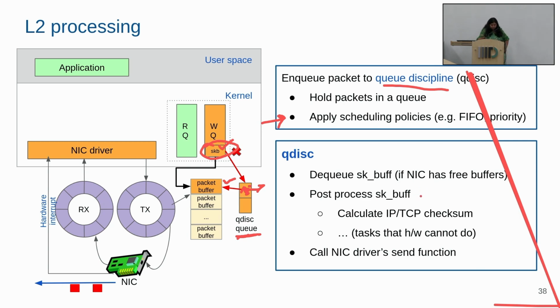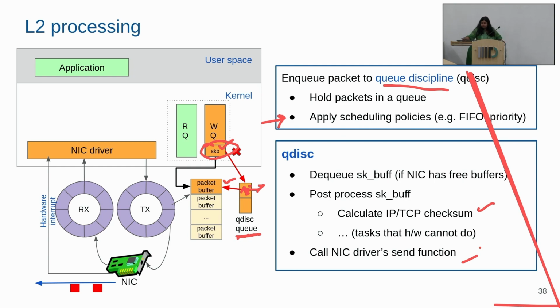And after that, it does the post-processing things like calculating the IP checksum and TCP checksum, which cannot be done by the hardware. It has to be done by the kernel for now. Let's consider for now that this checksum calculation is done by the kernel. Anything that hardware cannot do has to be done here by QDisk. After this post-processing is done, the NIC driver send function is called.